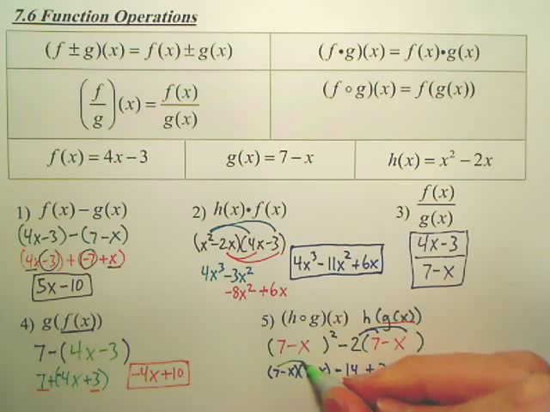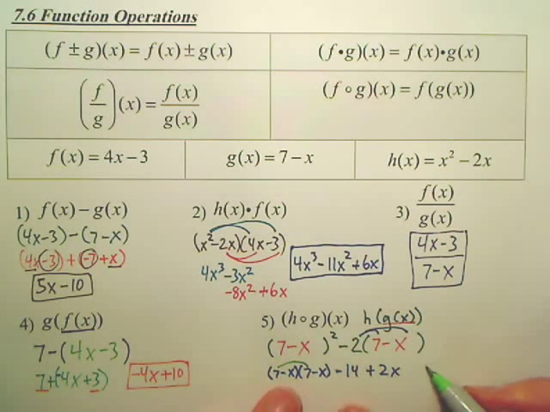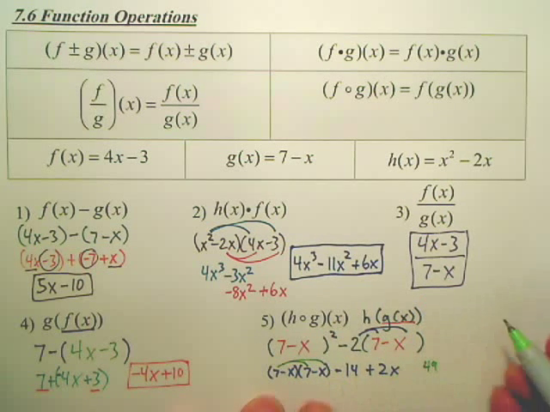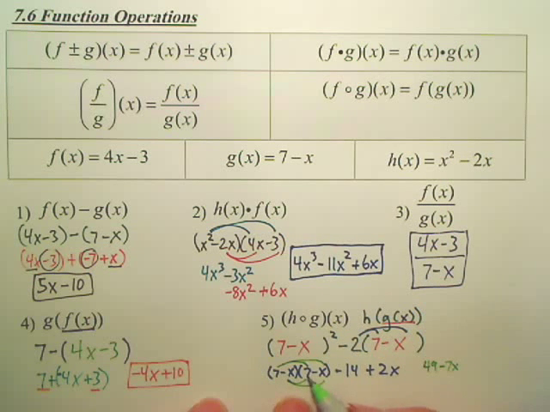And if we FOIL this one, it looks like we'll get, let's see, 49 and minus, if we FOIL it, I'm going to do a shortcut, and I won't. 7 times negative x is negative 7x. Negative x times 7 is negative 7x.